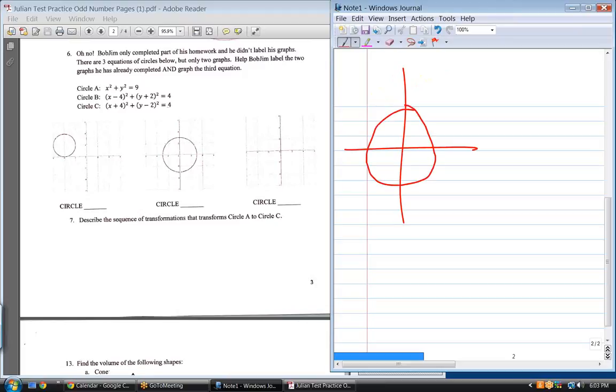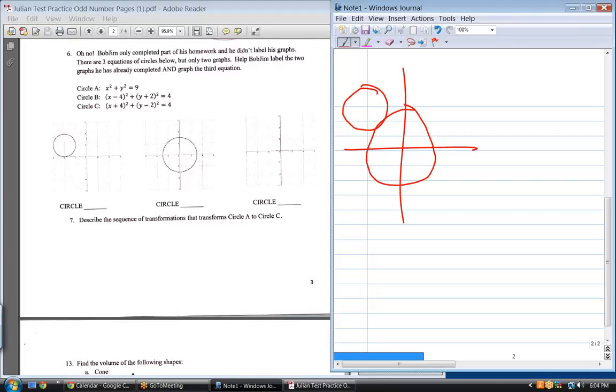That's circle A, and I'm going to move it to circle C, which is right there. So I'm moving it 4 to the left and up 2, but I'm also doing what? Decreasing the radius by 1? I guess that's called a shrink.